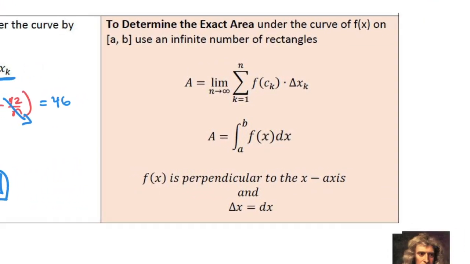So to determine the exact area under the curve, you will use an infinite number of rectangles. Your f of x is perpendicular to the x-axis. We know that because dx and delta x are cutting the x-axis, which should lead you to question, what would dy and delta y represent?